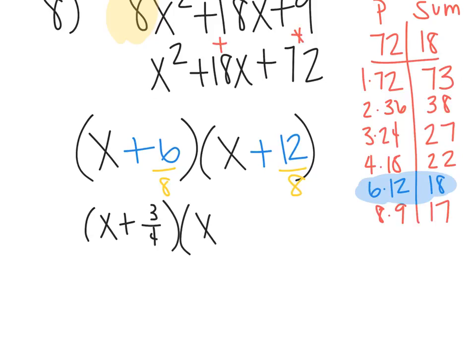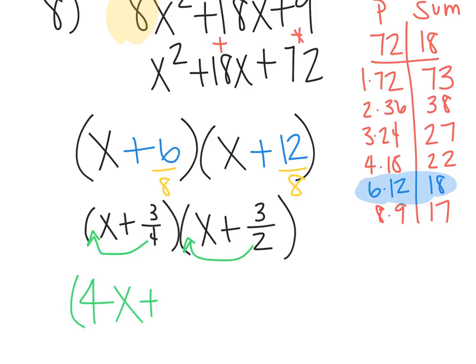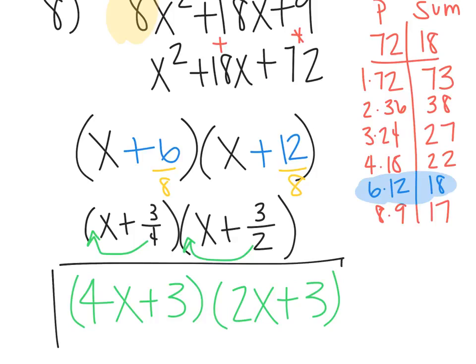And then x plus 12 over 8, well, I can't divide 12 by 8, but it reduces to 3 over 2. But I can't leave these as fractions, so what we learned was that our bottom number comes up. We call that the bottoms up method. So the answer is 4x plus 3 times 2x plus 3. And that is my final factorization.